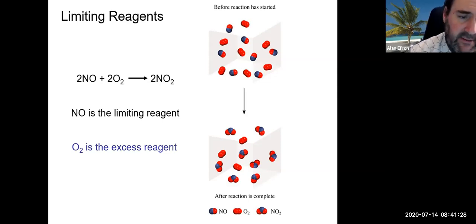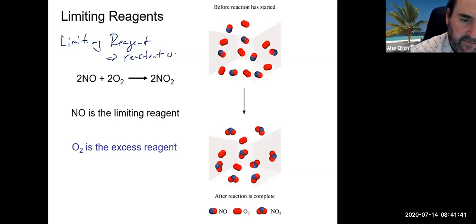That is what's known as the limiting reagent or the limiting reactant. So the limiting reagent is the reactant that gets used up first. And there's one that you have plenty of, which is the excess reagent.